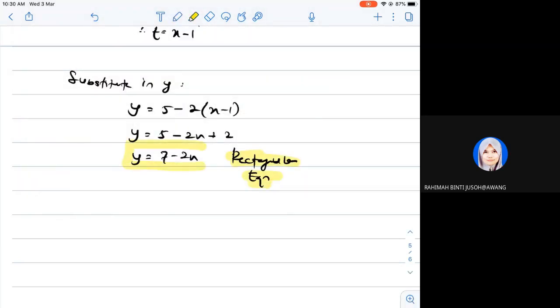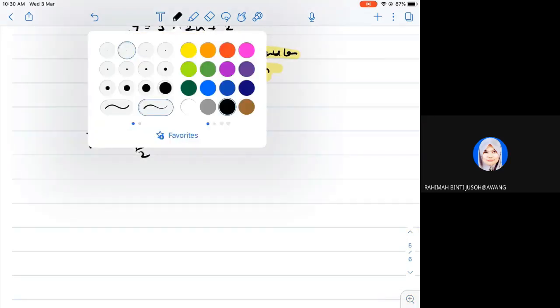Yang ini. Okay, now what we can do here, you can straight away sketch the graph, or if you want to use the intercept form, you can move your variable like this, equals to 7, so Y over 7 plus x over 7 over 2, isn't it? Saya terus skip step lah. Cepat sikit.